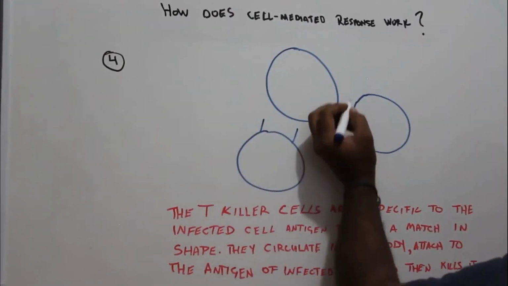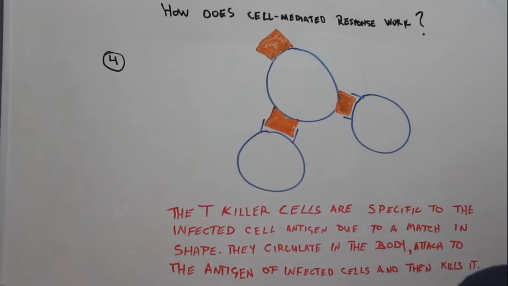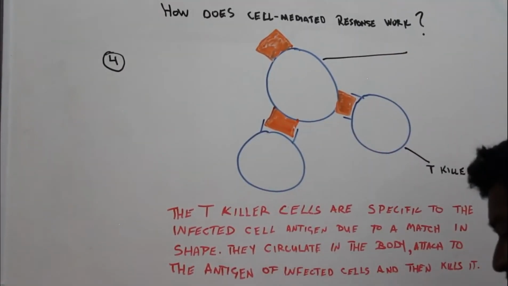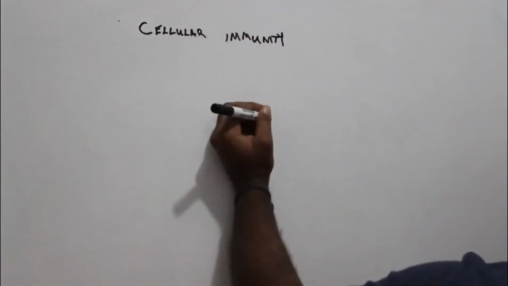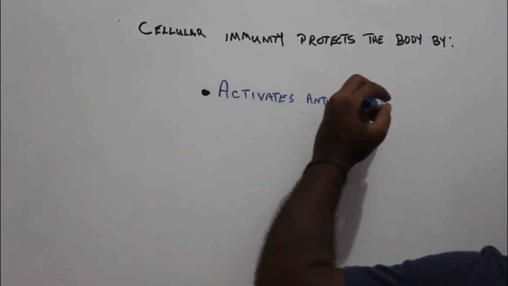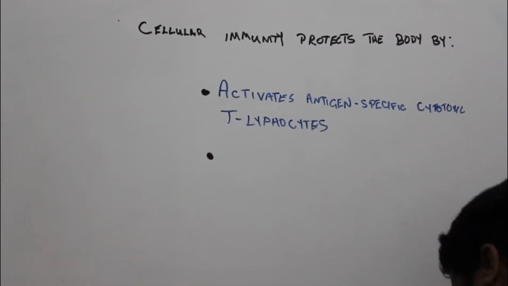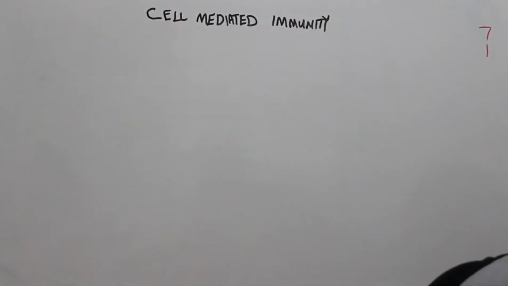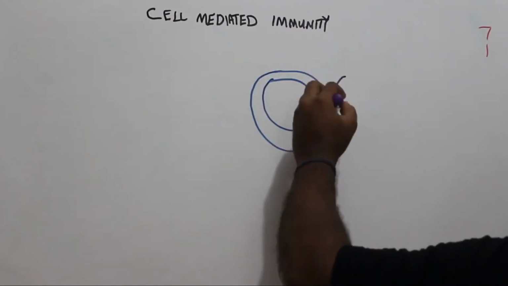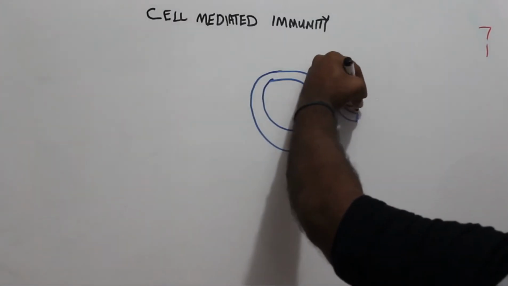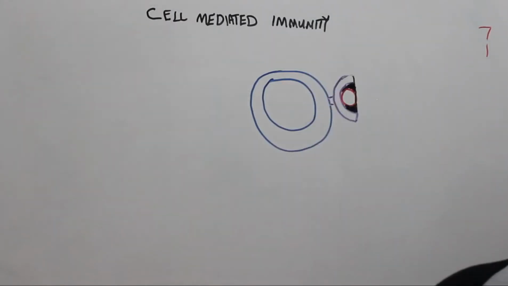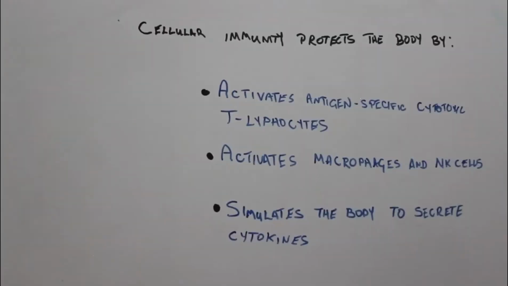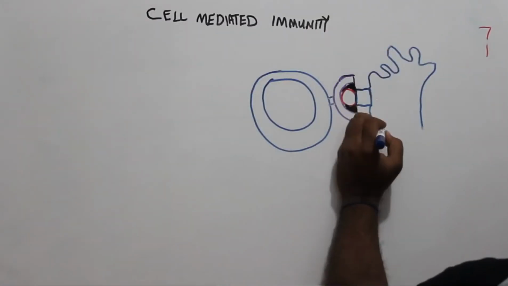An antigen-presenting cell, such as a dendritic cell or macrophage, detects, engulfs, then digests pathogens into antigen fragments. The fragments are then transported to the surface of the antigen-presenting cell, where they are presented on proteins referred to as major histocompatibility complex class II, often referred to as MHC2.